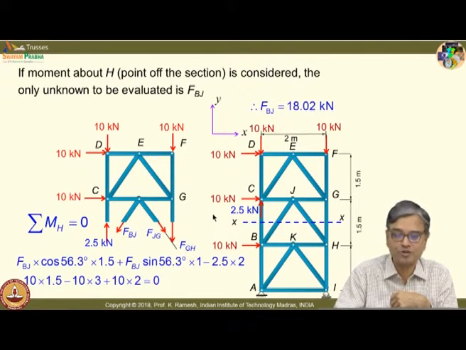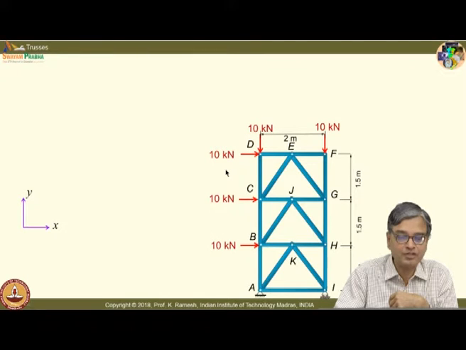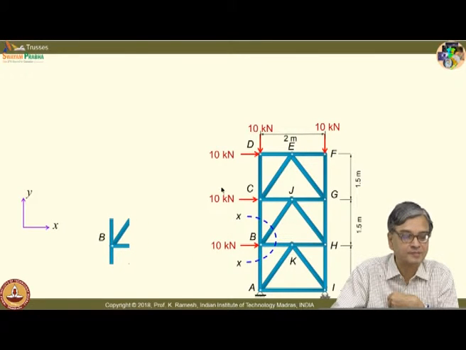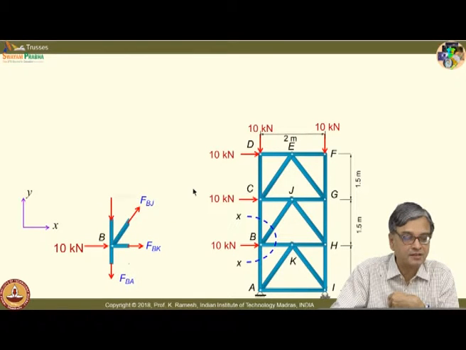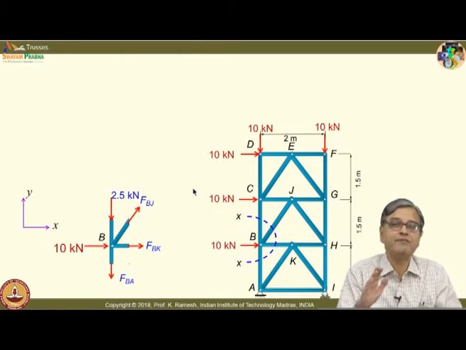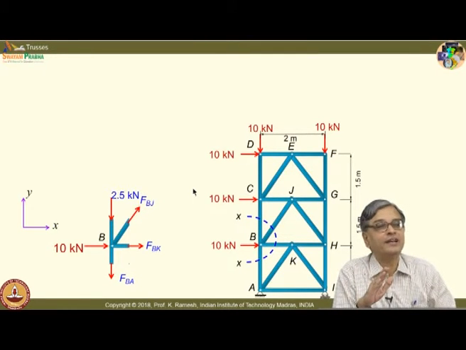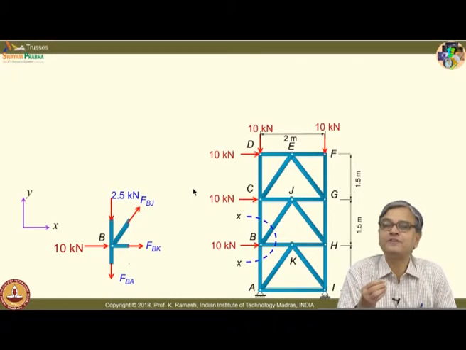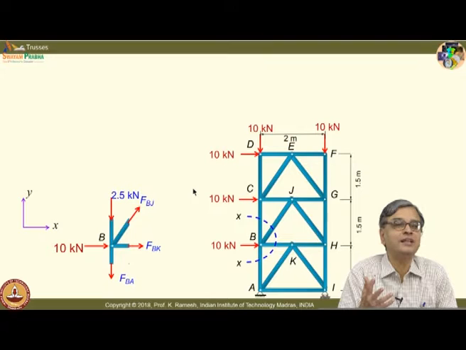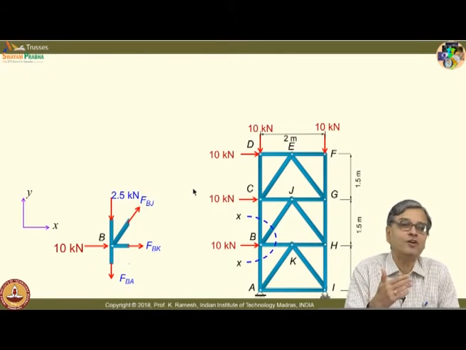And in this case, it also becomes very obvious which joint I should isolate. I put the free body diagram of this. See, the methodology I have adopted in isolating a joint is so convenient, physically you can appreciate what it is, and there is no great difference between what I do for the method of sections and for the method of joints. So, it is much more convenient to handle that way.